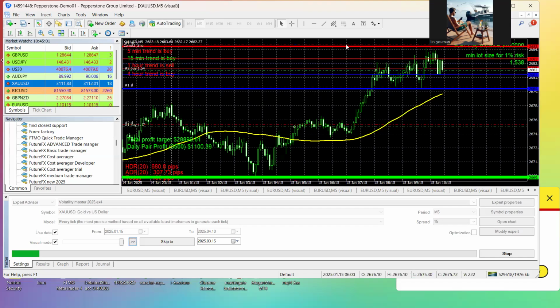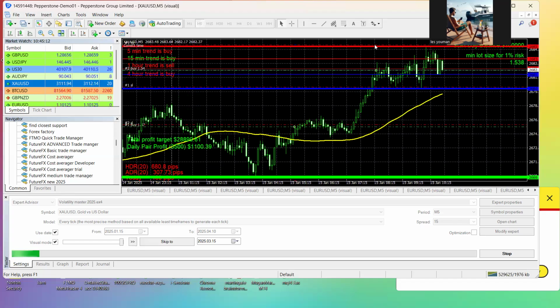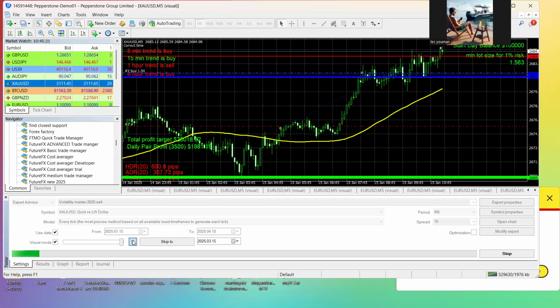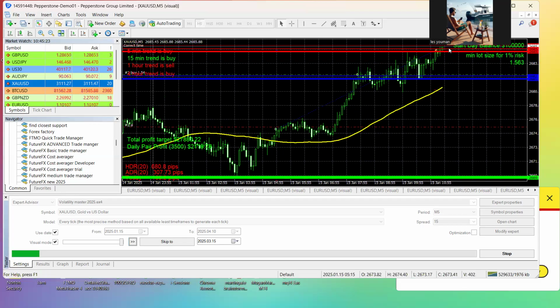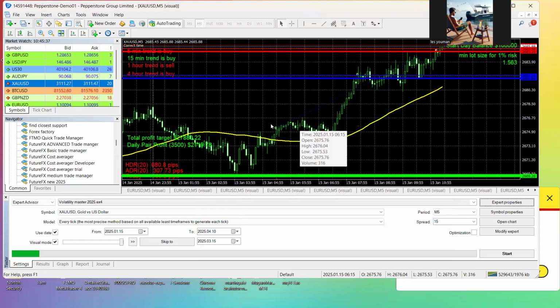And we can see that the take profit, it's just hiding behind that main red line there. But if I zoom out, you can just see it. The take profit's there. So we almost hit the take profit. And if we just let it play out a little longer, we'll see that it has hit that take profit. If we look at the settings, the take profit is 1,000 points, and that's been working out just nicely.